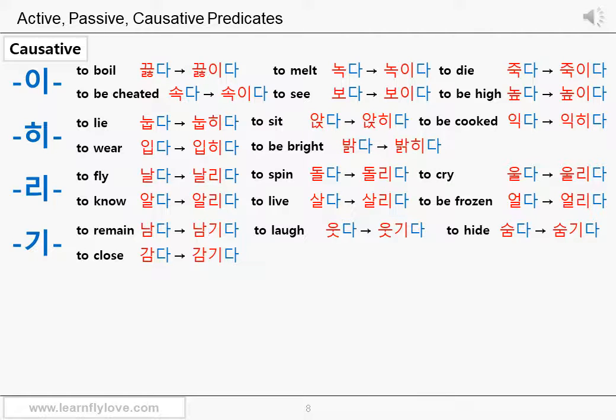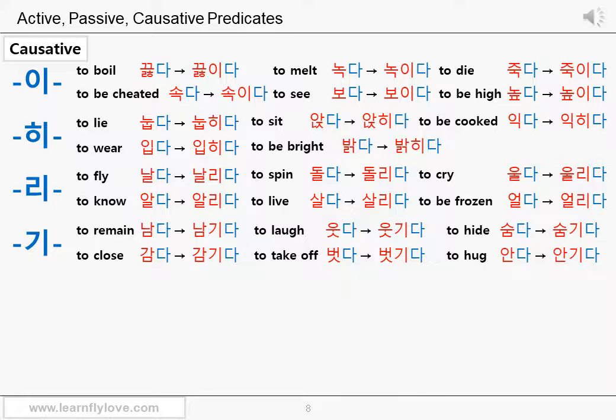But when someone makes you close your eyes, you use 감기다. To take off. When you take off your clothes, you use 벗다. But when someone takes off your clothes, you use 벗기다. It's hot in here all of a sudden.